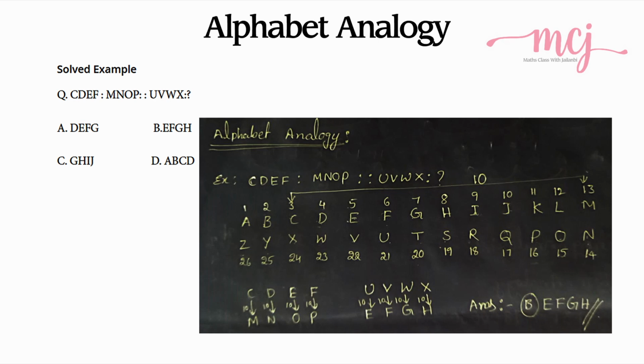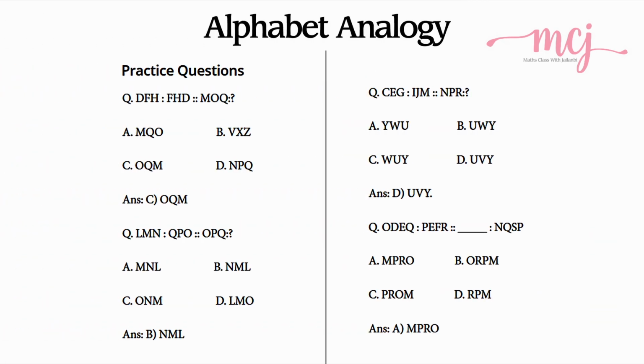Similarly, the second group will also be pushed forward by 10 spaces. Thus, the next group will be UVWX and EFGH. So, the required answer is option 2, that is EFGH.